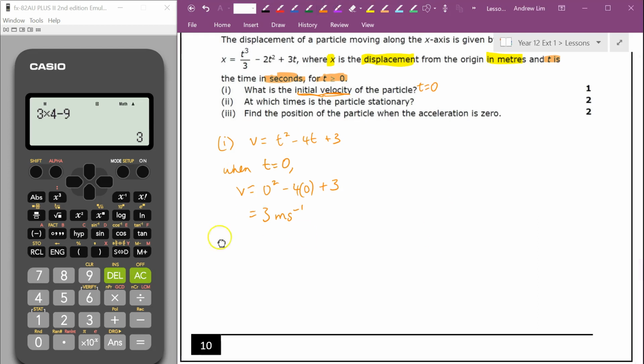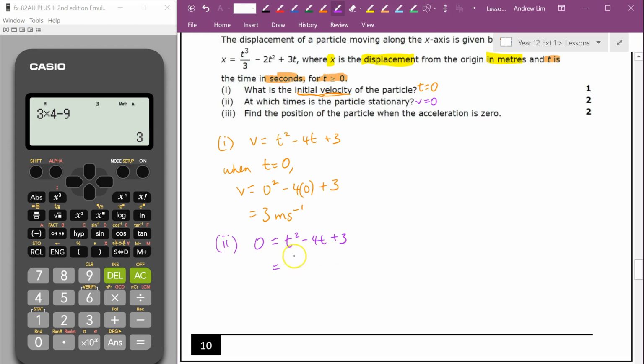Alright, part B, or part 2. At which times is a particle stationary? So we know it's stationary when velocity is 0. Okay, so stationary when v is equal to 0. It's not moving. So we make v equal to 0, and then we've got t squared minus 4t plus 3. And so what we need to do here is we need to factorize.